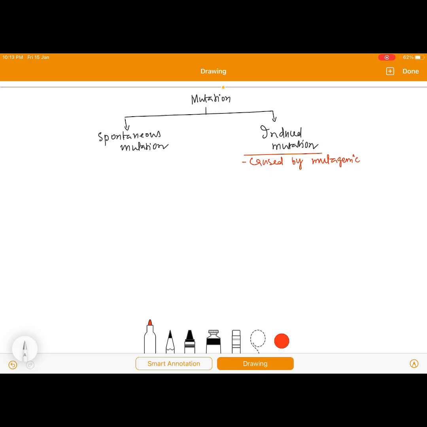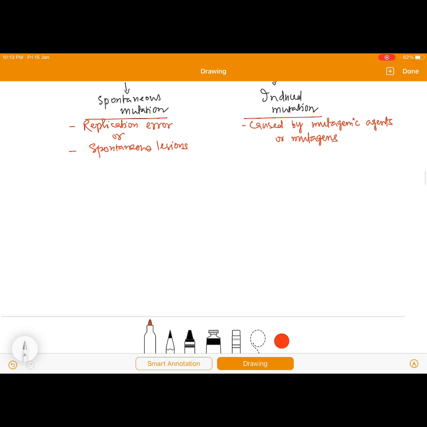On the other hand, spontaneous mutation may be due to replication error or due to some spontaneous lesions. Spontaneous lesions are also responsible for spontaneous mutation.